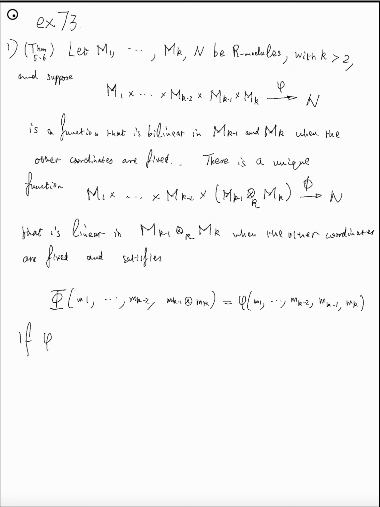Last remark: if this phi at the beginning is multilinear on all positions, then this newly constructed map, big Phi, is multilinear in all positions.